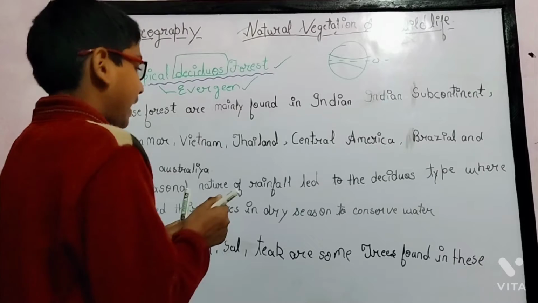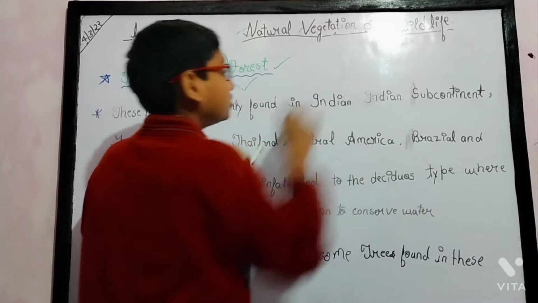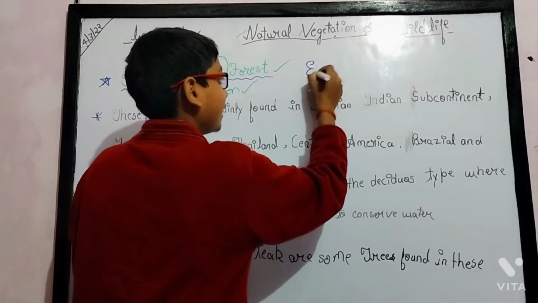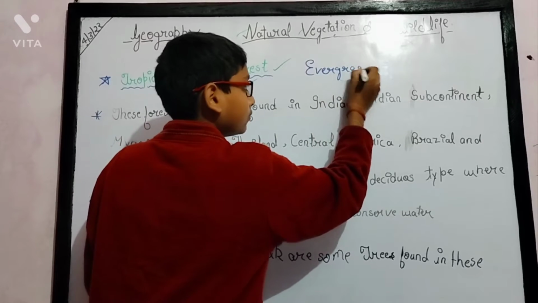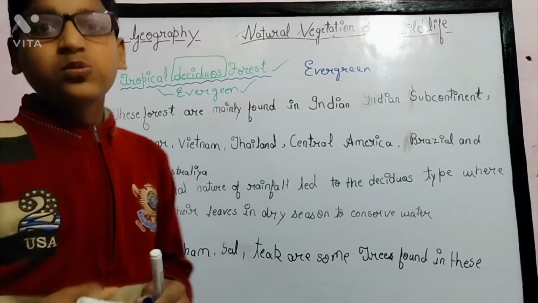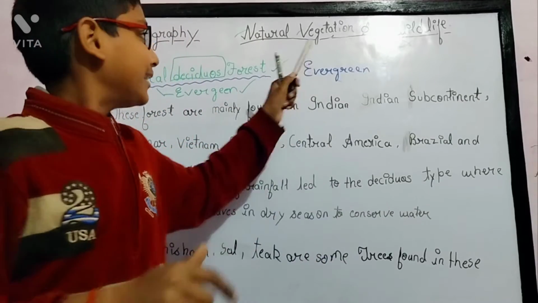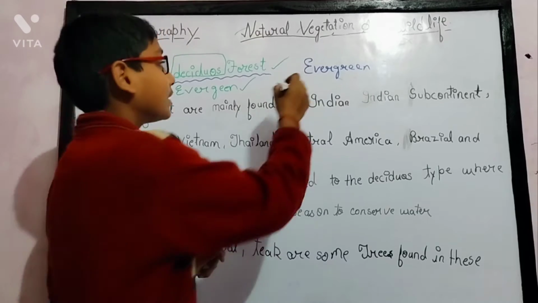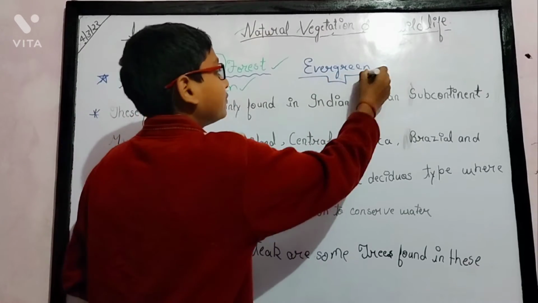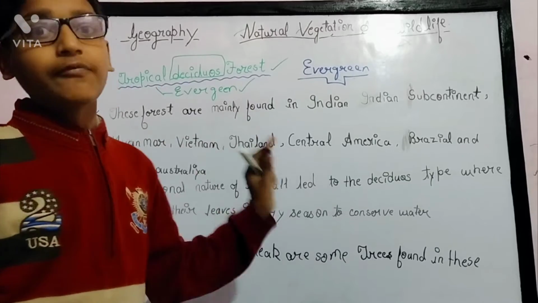As the name says, evergreen, as I have told you, these forests are evergreen. In the evergreen forest rainfall happens every day. There is a lot of rainfall, and a lot of water is stored in the soil of that forest.